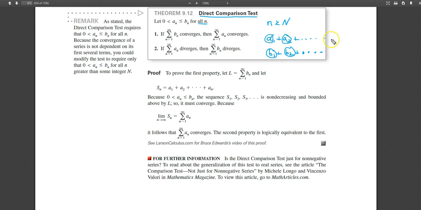And the series involving the a terms goes to infinity, so certainly the series involving the b terms should also go to infinity. So this makes sense when you think about it.